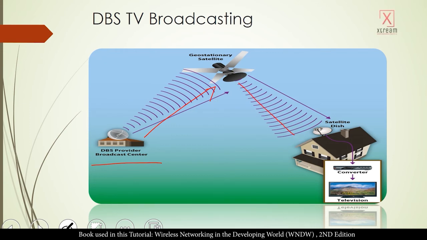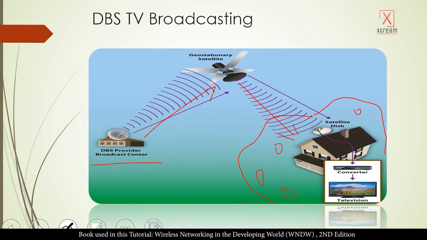Let's say it will send this signal to different areas via downlink frequency, and the area covered by this satellite, let's say it covers this area, is called the footprint of the satellite. So whatever device comes in the footprint of that satellite will be able to receive its signal.